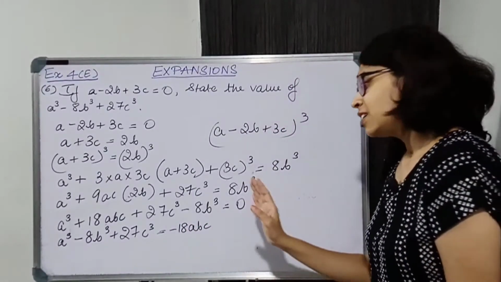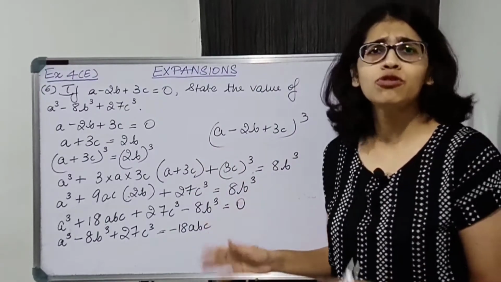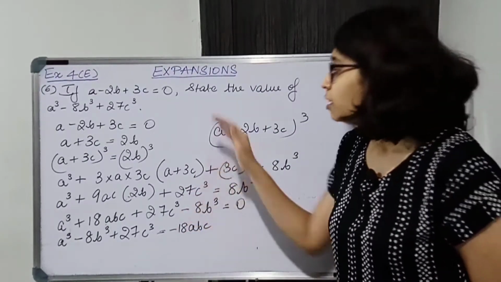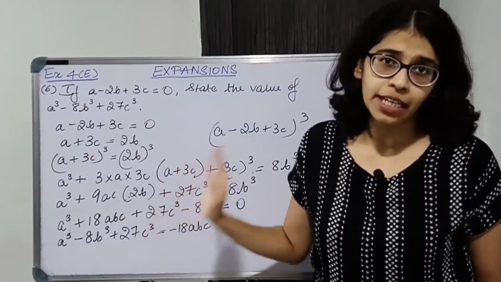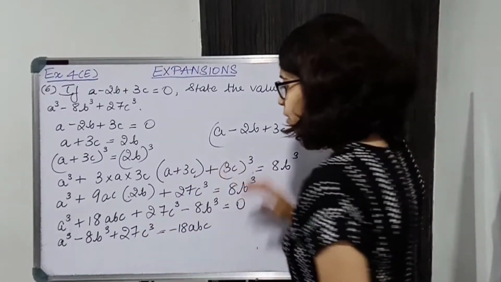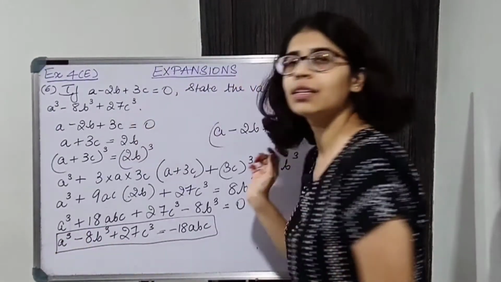Okay, we got the same answer as when we used the property. So whether you use the property or you don't use the property, if you're using correct identities, if your signs are not wrong, then you will ultimately get the correct answer. Okay, so box this, or underline this.